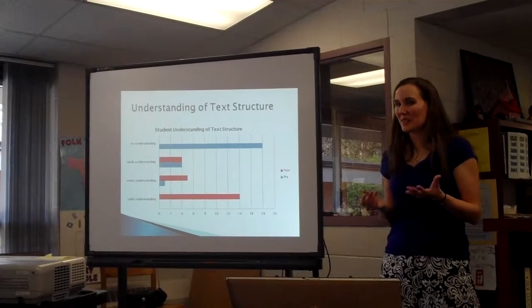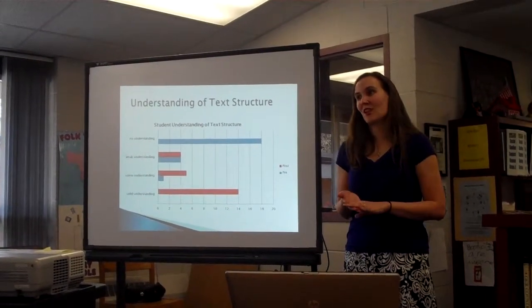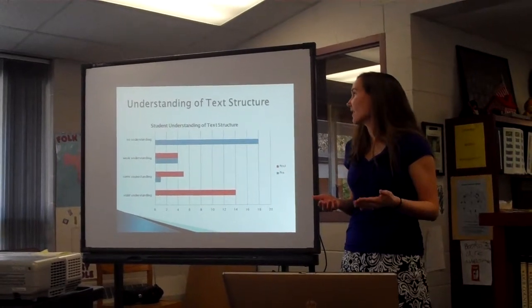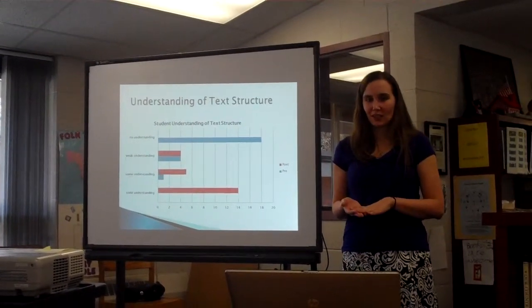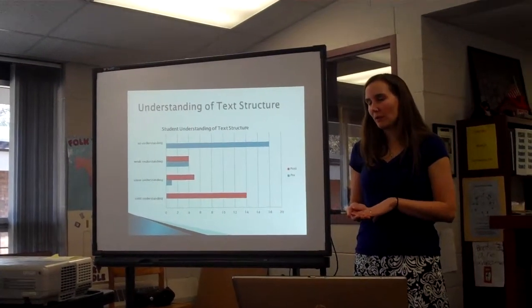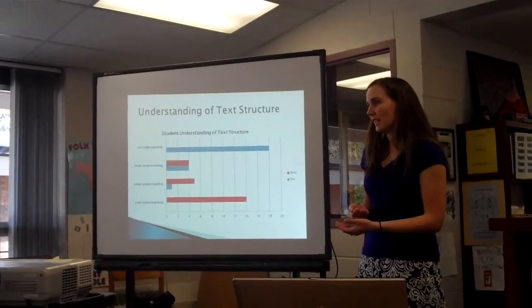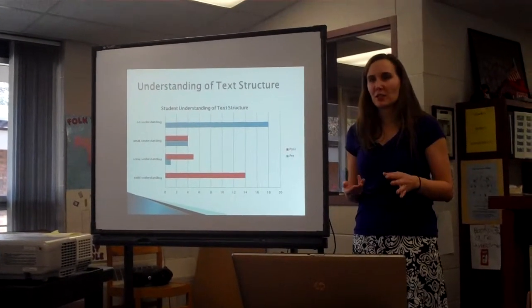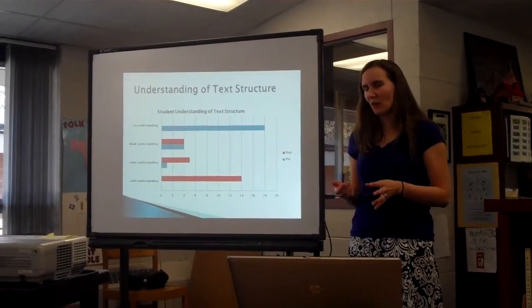With doing all this, I wanted to make sure that it wasn't just that this passage might have been better, or they did make sure that they understood the text structure that I was teaching. So I gave students a 6-question open-ended survey, one at the beginning of my study, same one at the end of my study. The first 3 questions are really basic, kind of getting them to answer questions.